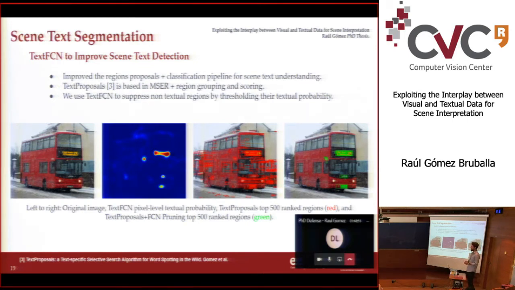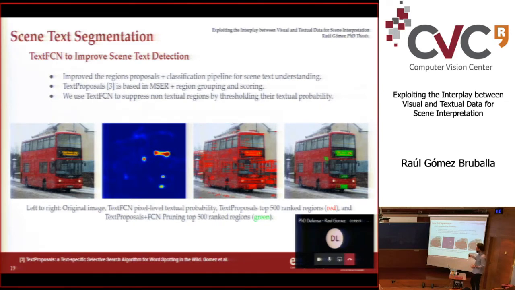And then the word recognizer had to detect which ones of these regions actually contained words. And one weakness of object proposals methods is that they were proposing regions, even regions outside text areas, right?